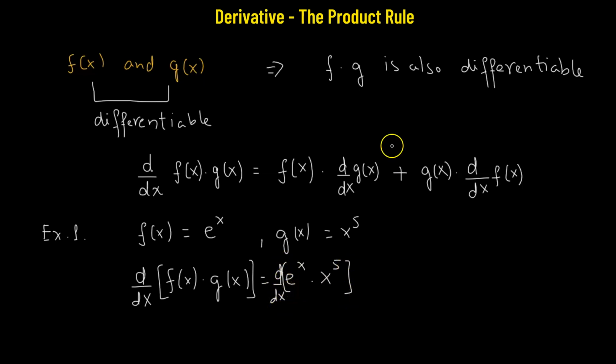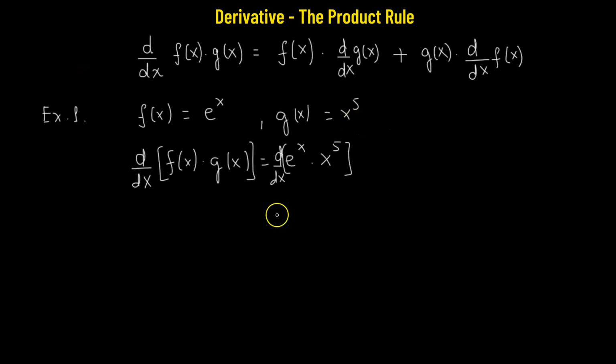So let's apply the formula. So we have e raised to the power of x. We will multiply it to the derivative of x raised to the power of 5 and add it to x raised to the power of 5 multiplied to the derivative of the exponential function.